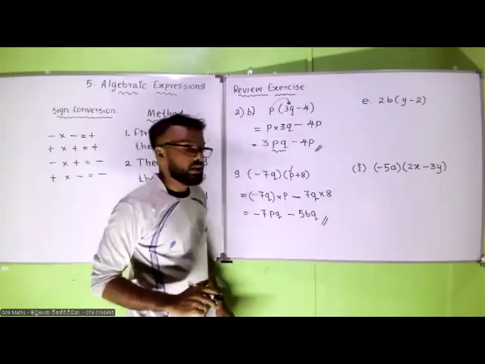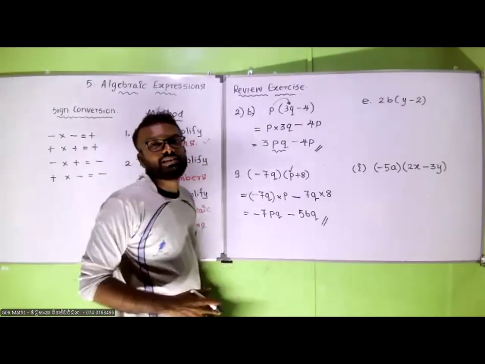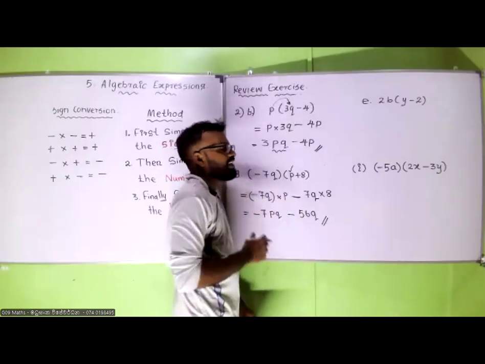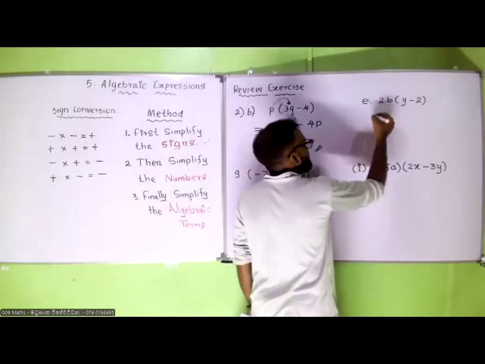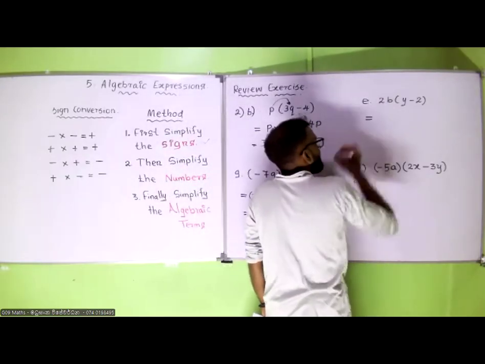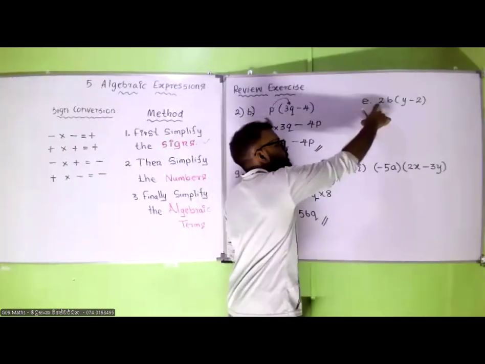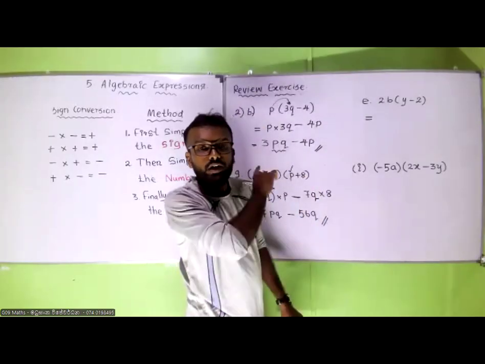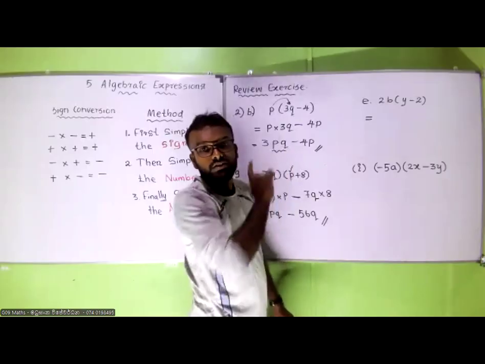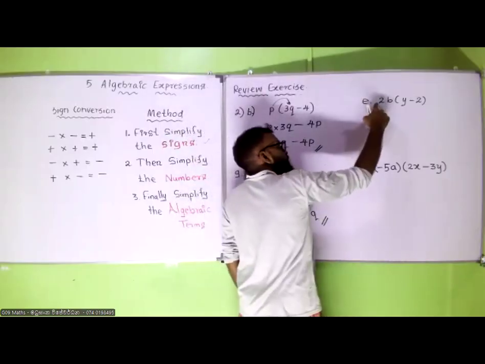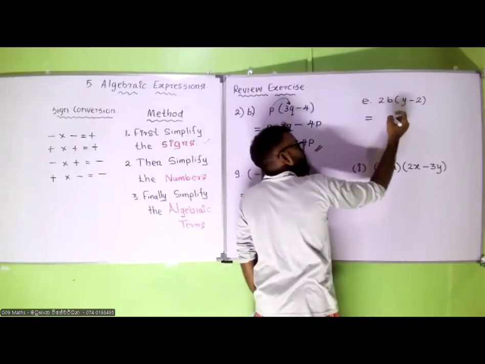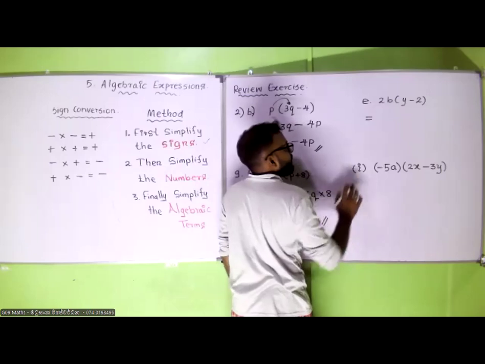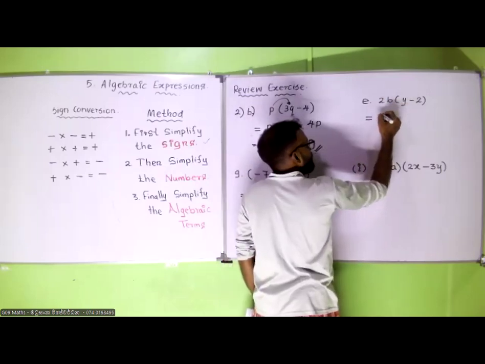I will do part E. I have missed part E. However, I will do this. Equal mark. Now this is positive. I am going to write the answer at first. Positive into positive, positive. 2 times 1, 2.